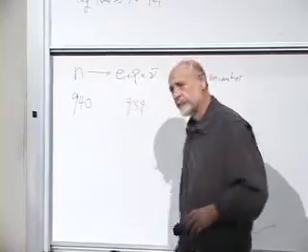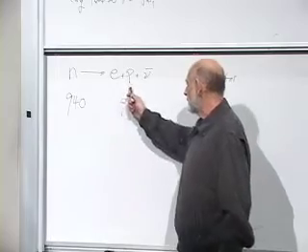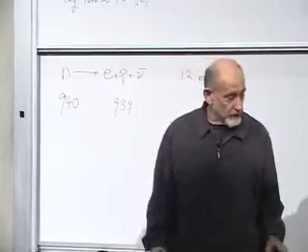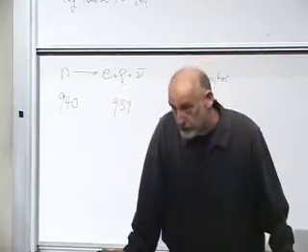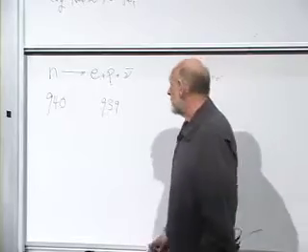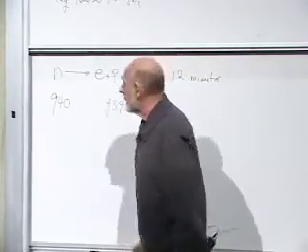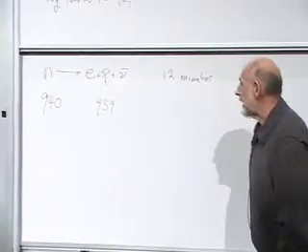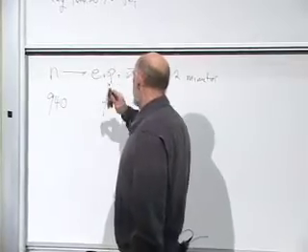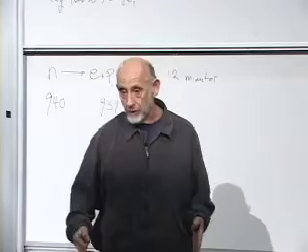If the neutron was slightly lighter than the sum of these masses, it could not decay at all. Just energy conservation would not allow it. Remember, mass is energy. It would not have enough energy to decay and still leave over some energy for kinetic energy of these particles. So if the neutron was exactly the same as the sum of the masses of the electron, the proton, and the neutrino, it wouldn't be able to decay at all.